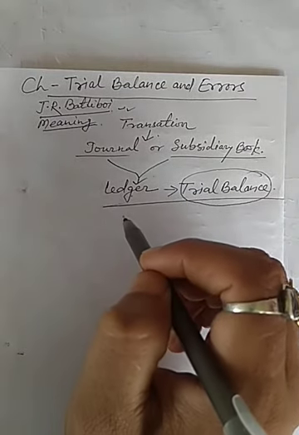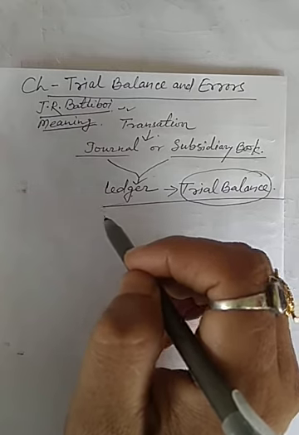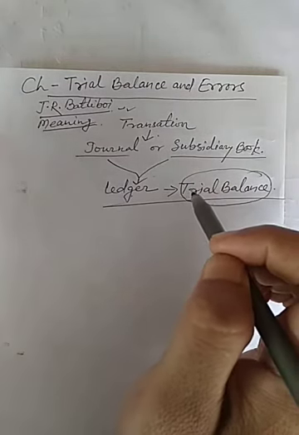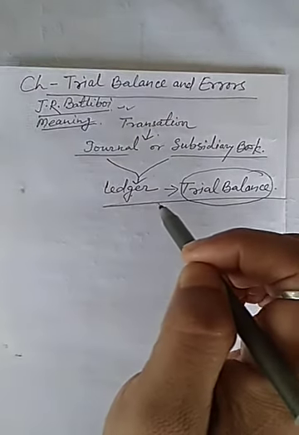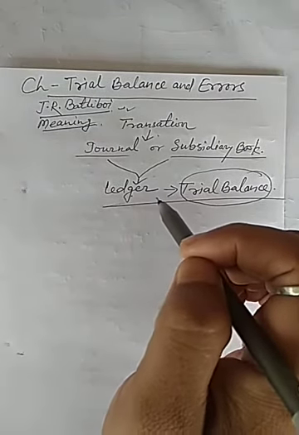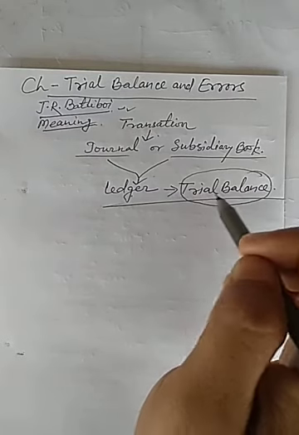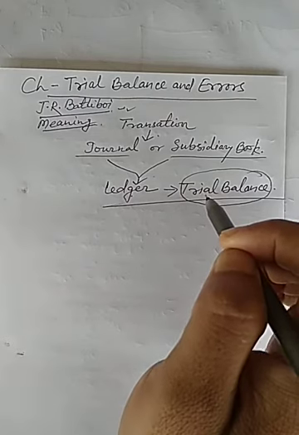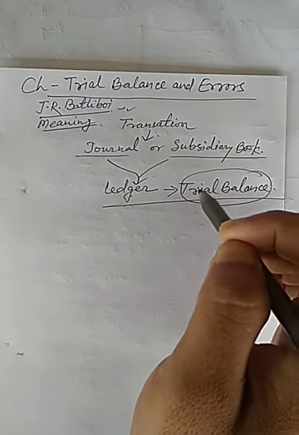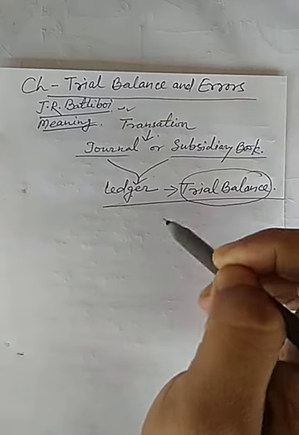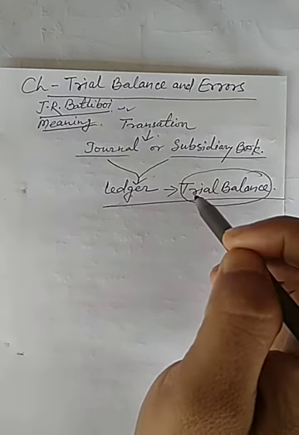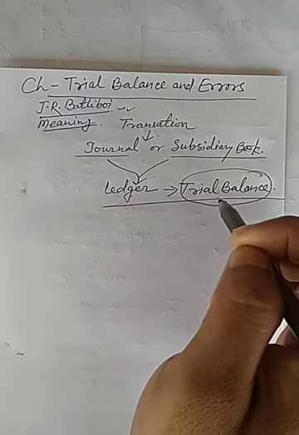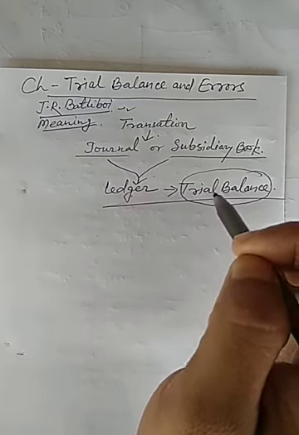Accounts showing debit balance are put on the debit side of the trial balance, and the accounts showing credit balances are put in the credit side of trial balance. If the total of the debit side of the trial balance is equal to that of its credit side, it is presumed that the posting to the ledger is accurate.